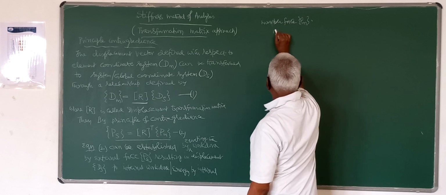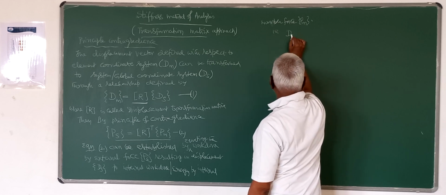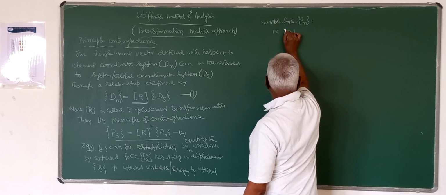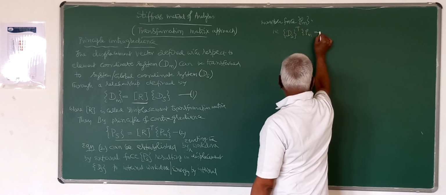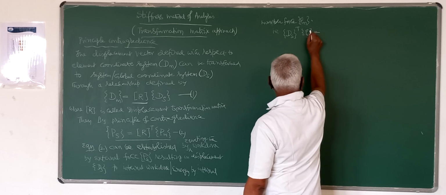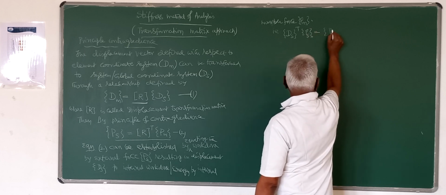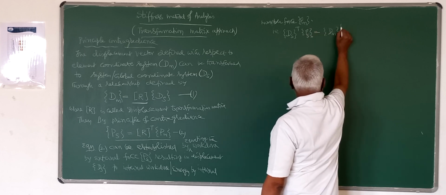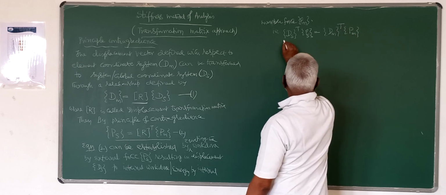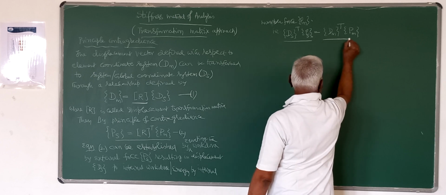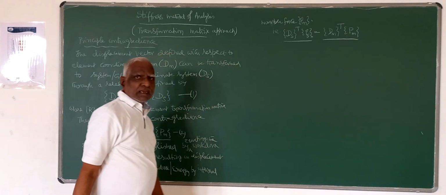That is, dx transpose into Ps is equal to dm transpose into Pm. This is the external work done, this is the internal work done, and they should be equal.